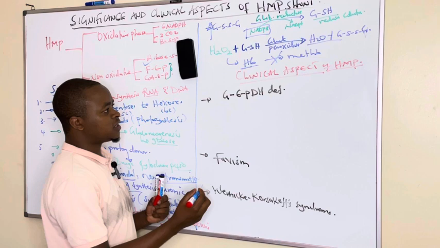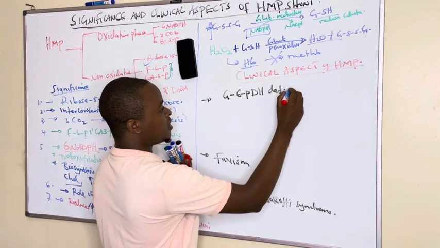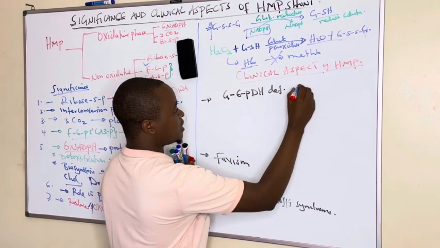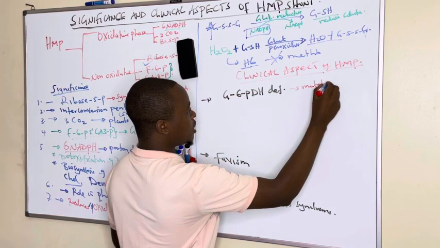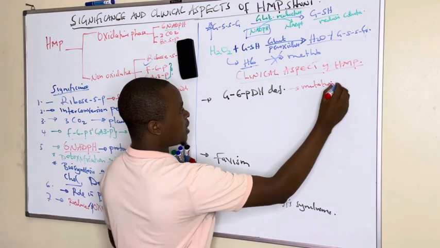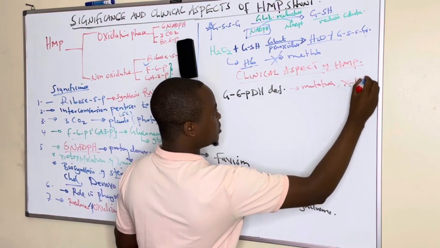And this glucose 6-phosphate dehydrogenase deficiency is due to a mutation, whereby it is acquired via an X-linked gene.